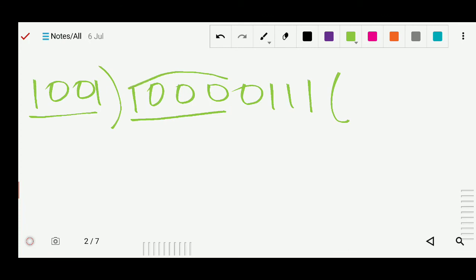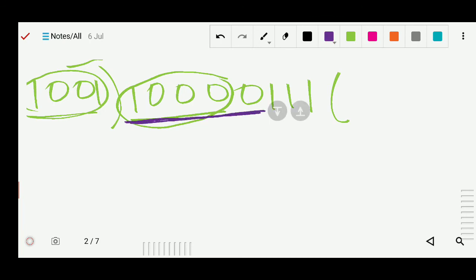Suppose this is a decimal number, so it is like 1000, and this is like 1001. Of course 1000 is smaller than 1001, so we cannot divide directly. A 4 digit number we cannot divide, so we will have to take the 5th digit, up to here. So in your book, it is given 0.